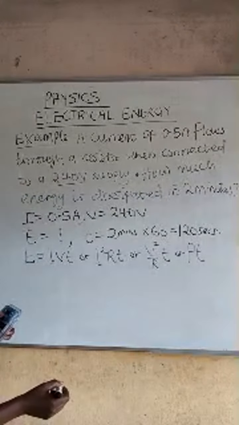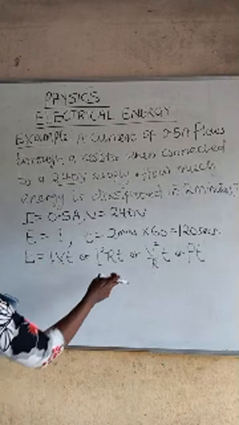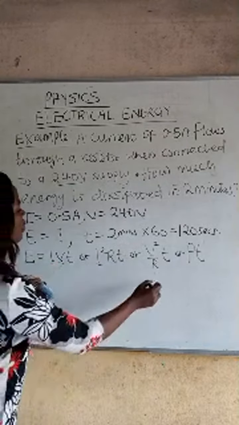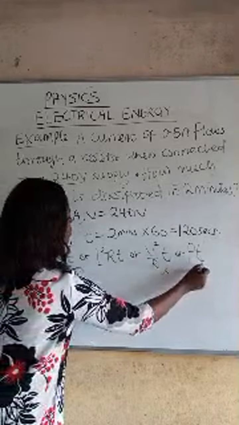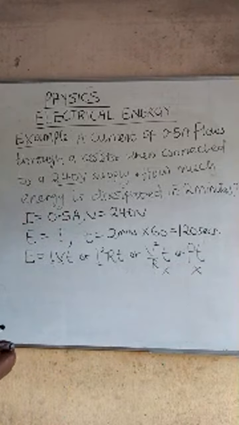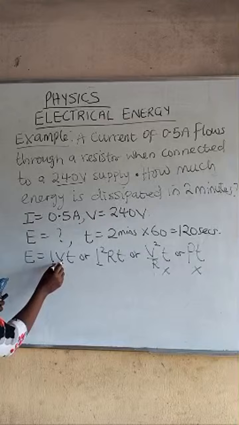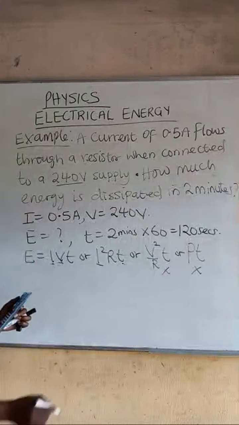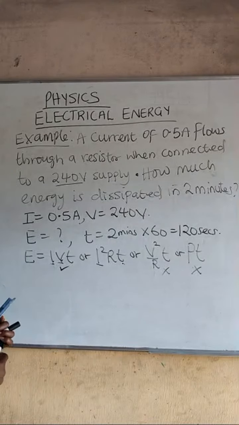We have potential difference V, this can go. This one has V, but it does not have current, so we can't use this. This does not have current and potential difference, so we can't use this. Then we compare between these two. We have current and potential difference. Even though this one has time, it does not have potential difference. So this is what we are going to use to solve this particular question.